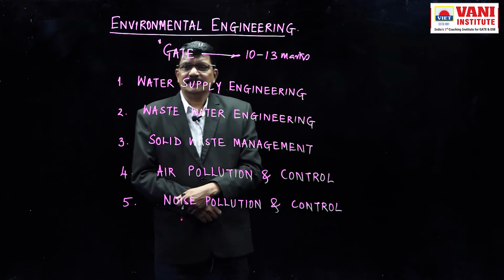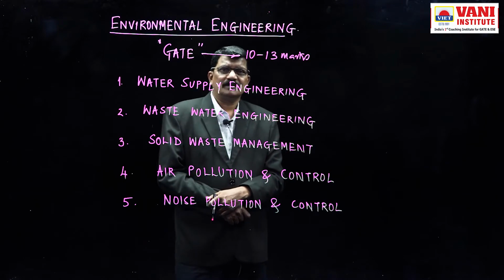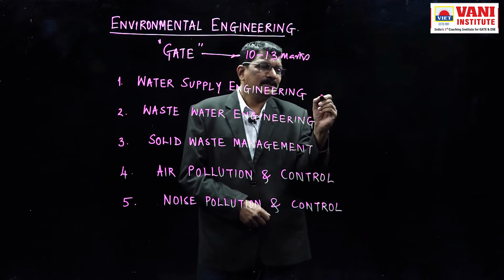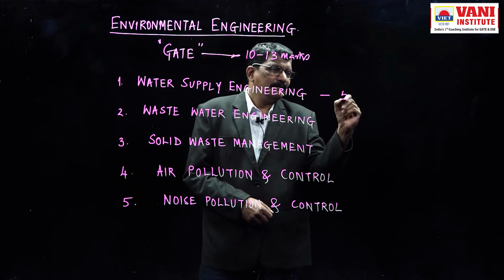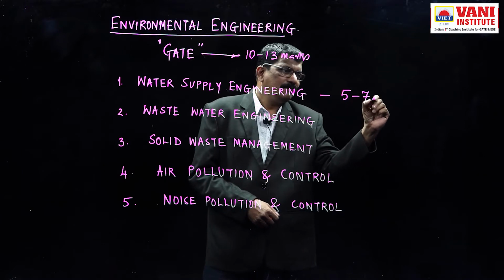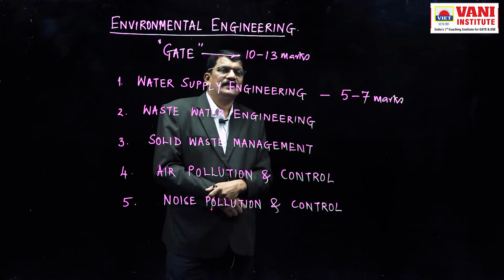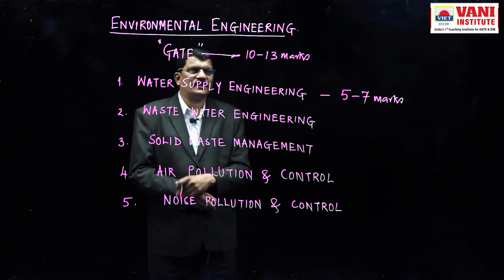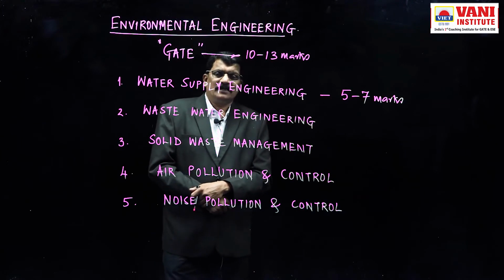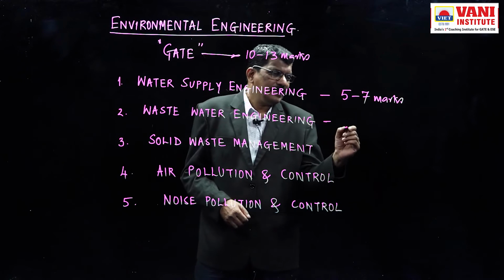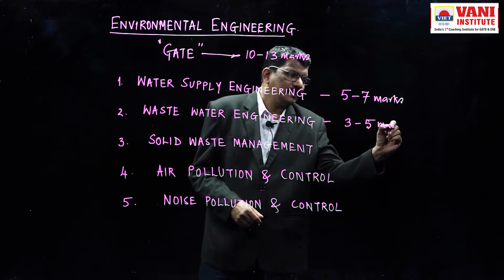As far as the first topic, water supply engineering, is concerned, it is the major chunk of the total weightage. It can be anywhere between 5 to 7 marks out of a maximum of around 13, averaged out based on the previous many years. For wastewater engineering, we can expect anywhere between 3 to 5 marks.